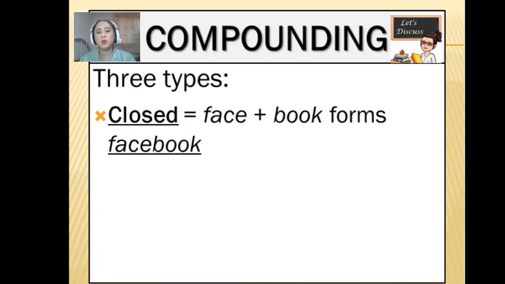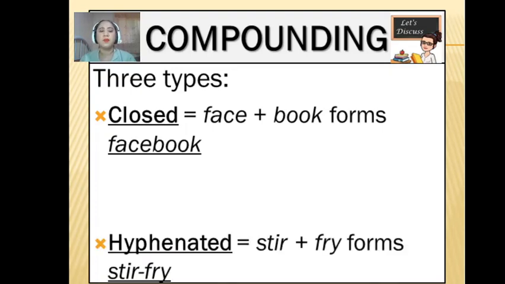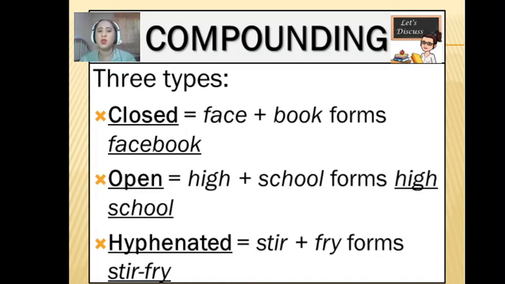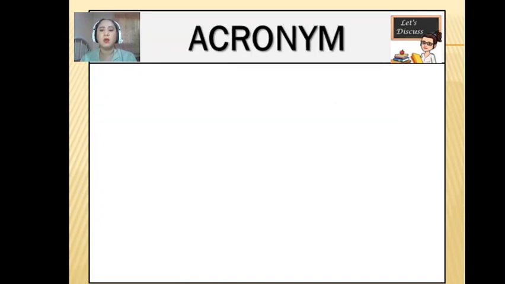However, take note that the word Facebook has nothing to do with these two words. That's why they are called compounding. The second is hyphenated. Hyphenated words are separated by a hyphen, like stir-fry. And of course, the last one is the open compound words. Open compound words are separated by a space in between them, as in the words high school.